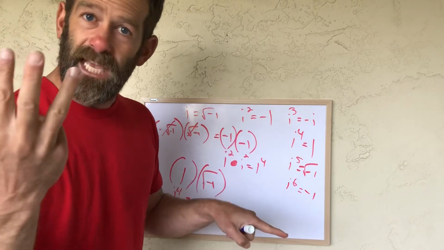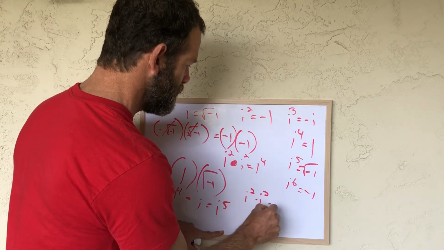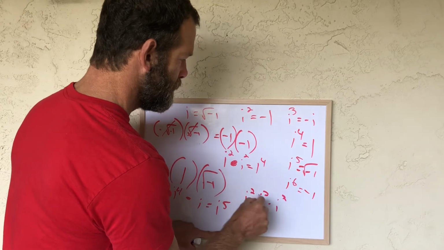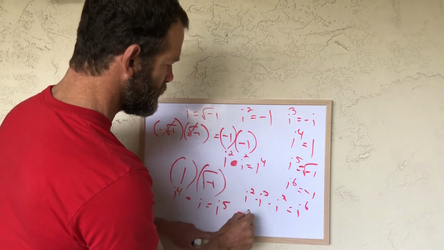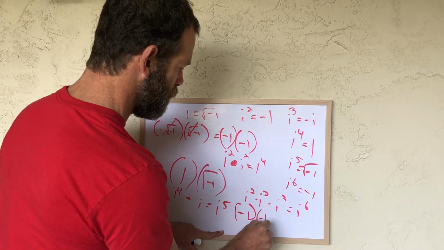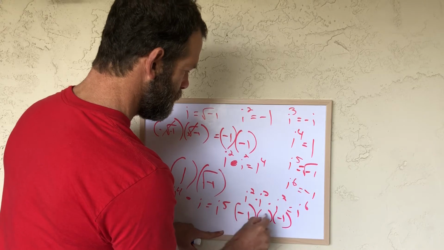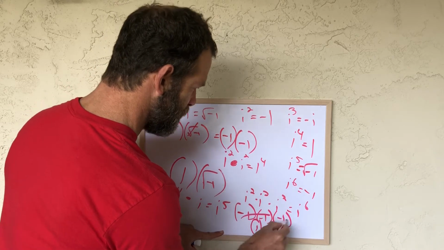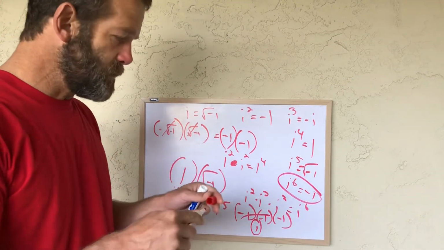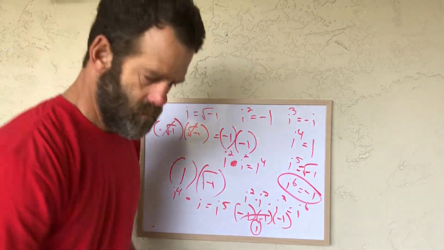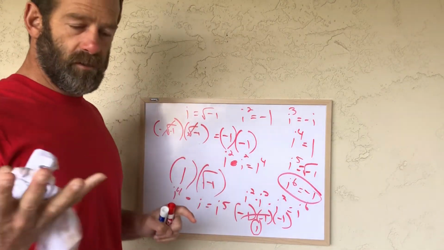If you have 3 i squares, i squared times i squared times i squared, 2, 4, 6, equals i to the 6. i squared is -1 times -1 times -1, which is going to give you positive 1 times a negative 1, which is a negative 1. It just repeats. It goes in increments of 4.